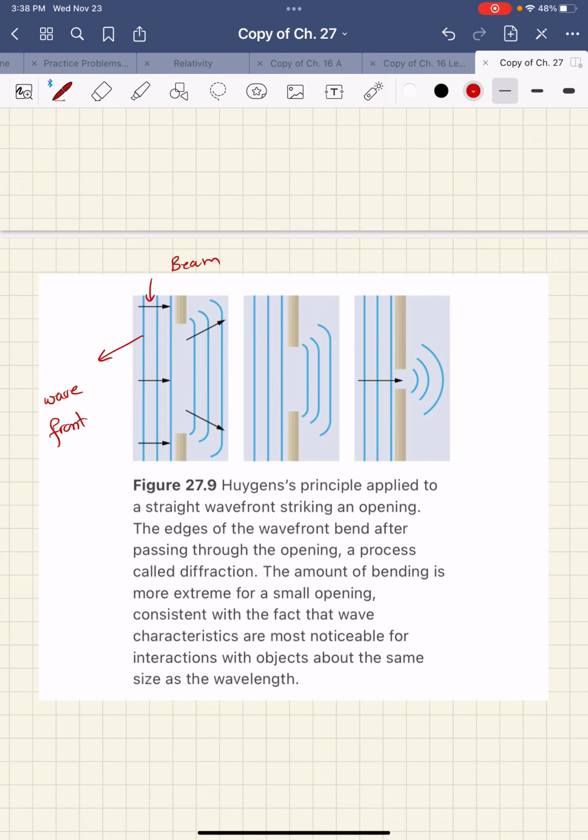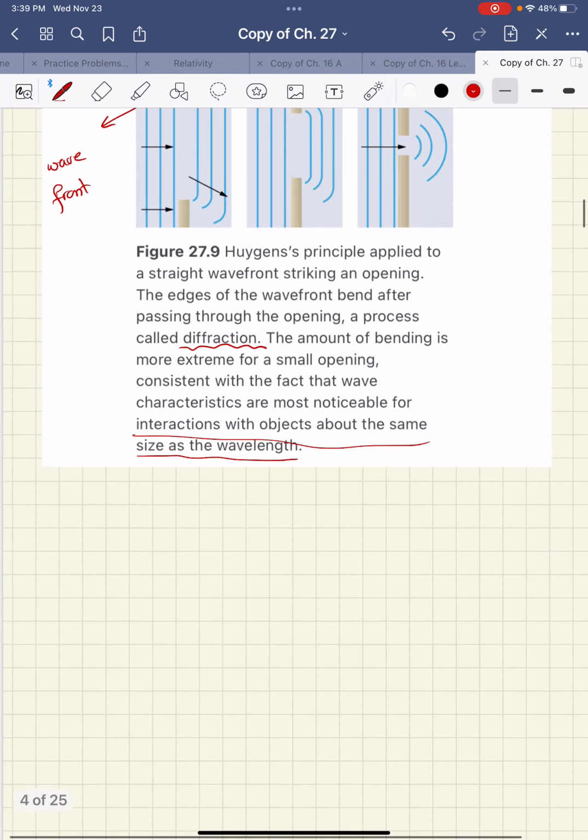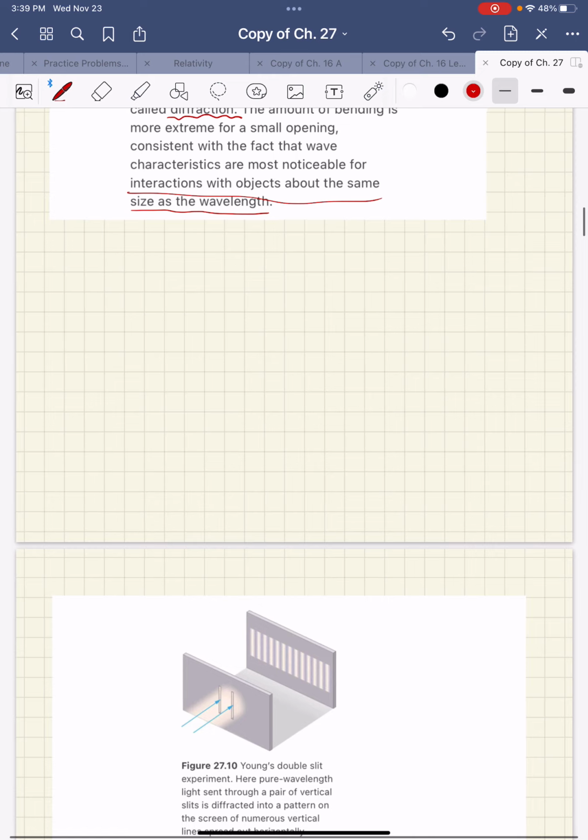We call this diffraction. The amount of bending is more extreme, or clearer, when the opening is smaller and smaller. If the opening is very close to the wavelength of the light, then we have it the clearest, as you can see here. This is called diffraction.